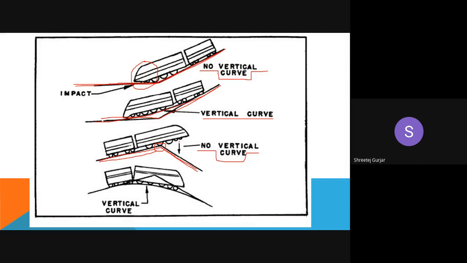Your railway will face very many problems. This has to be avoided at any cost. So we cut that apex and provide a vertical curve in this fashion, a gradual change from the rising gradient to a falling gradient. We provide a smooth vertical curve.